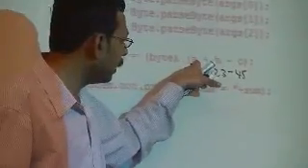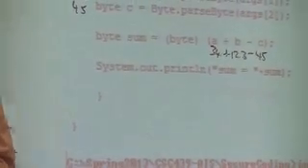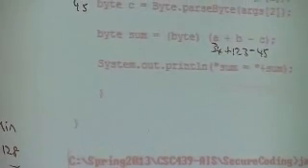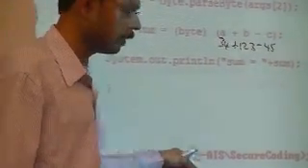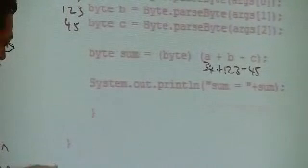But when you add A plus B, 34 and 123, you get 157. You should not exceed 127, right? So why did your compiler, or when you run this program, not generate any exception or throw any error message?